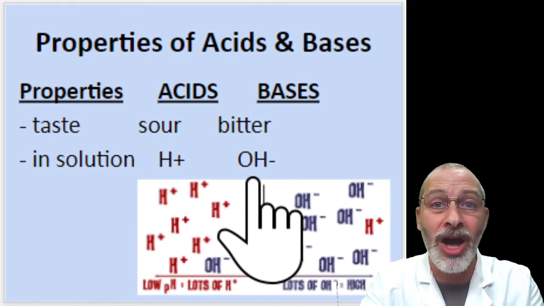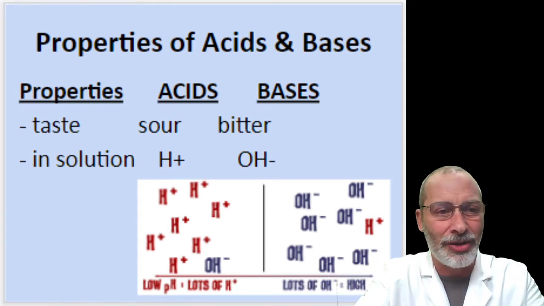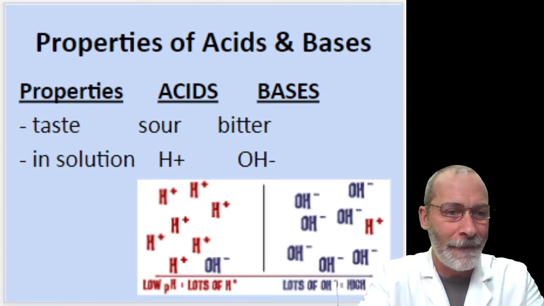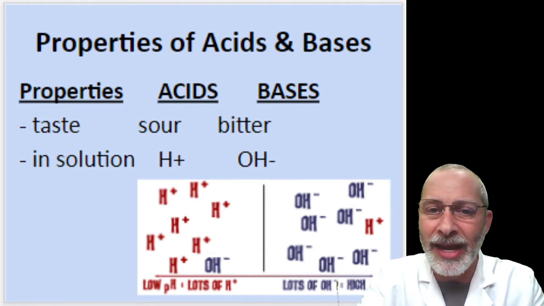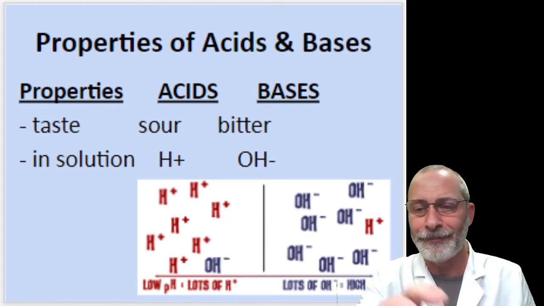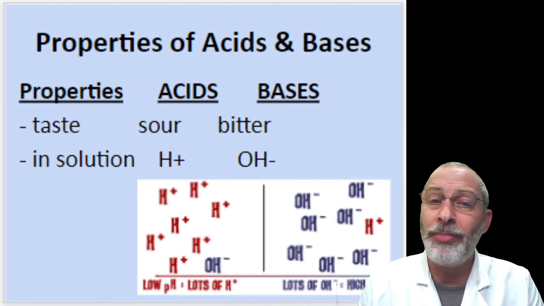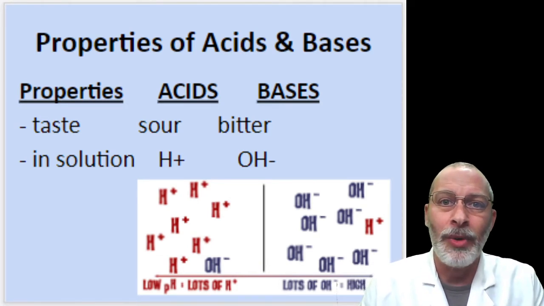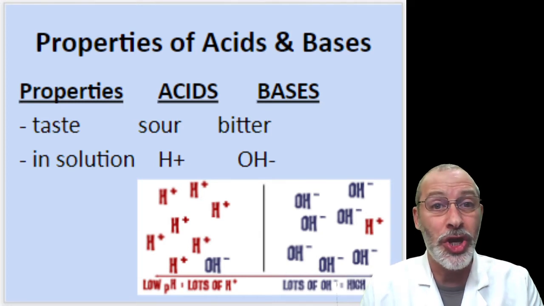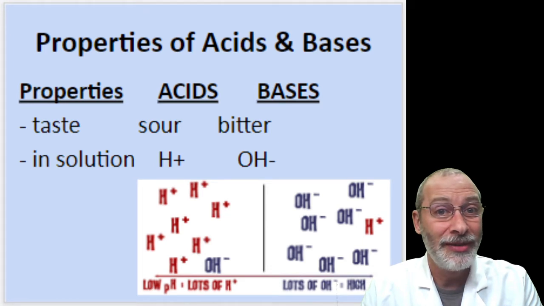Now, before we get into the next characteristic, I just want you to think for a moment, because this is going to be a preview for later in our lesson. Look at these ions, a positive H and a negative OH. Think about the type of bonds we learned about several topics ago and what happens with opposite charges.